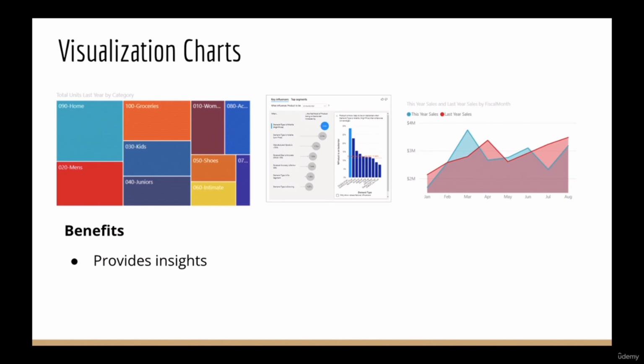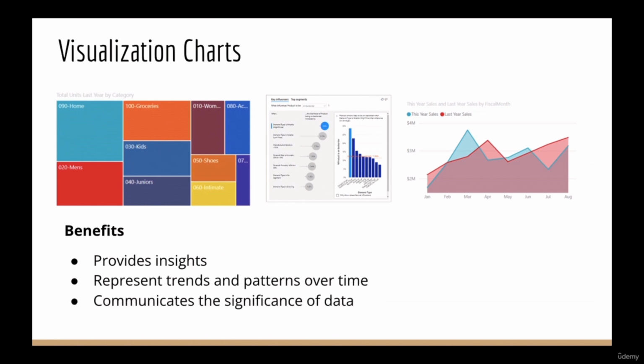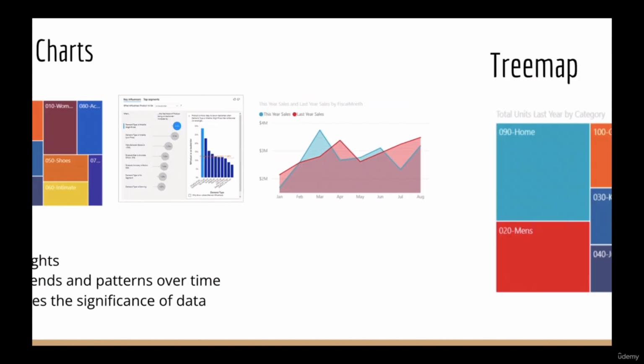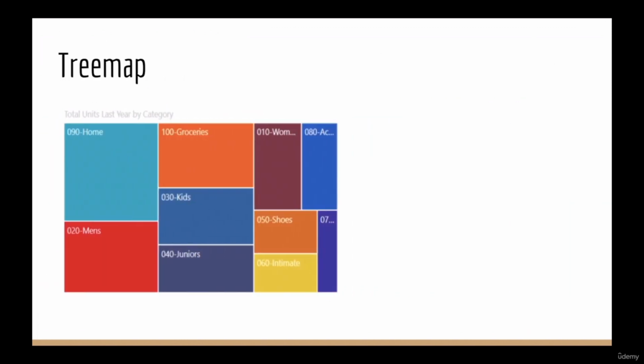It also helps make big and small data easier for us to understand and makes it easier to detect patterns, trends, and outliers in groups of data. It also helps communicate the significance of data to the business owners and managers and also decision makers. So it really is a decision maker's best friend. We're going to see some of these visualization charts in the coming slides.